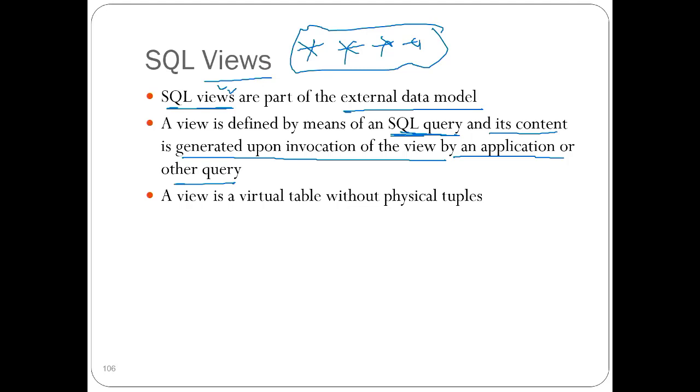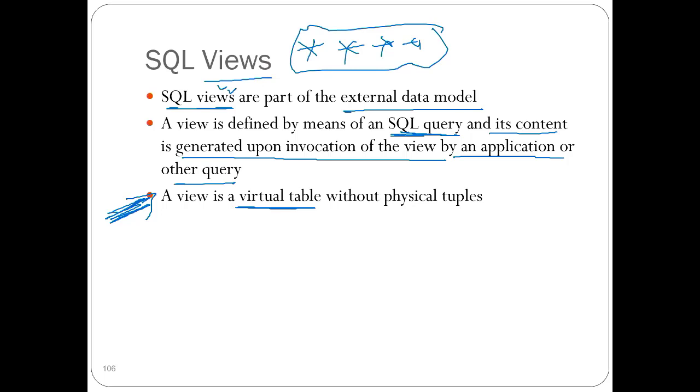Now the most important thing that you need to know about a view is that a view is sometimes called a virtual table. Why are they considered a table? Because they behave just like a table. Once you have defined a view, you can query on that view.